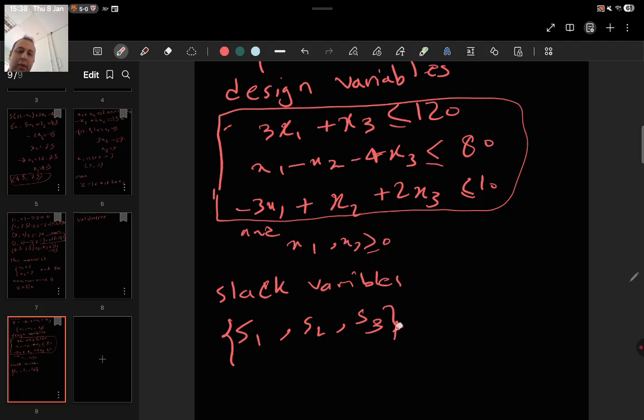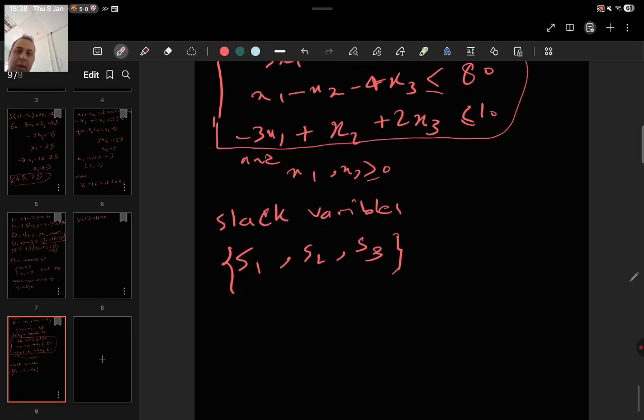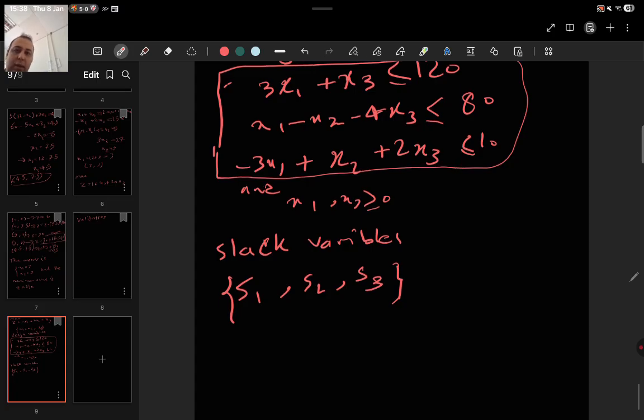This is the list of our slack variables. So how to change is like this. We write down the equation again, x3, I add s1 in here, then equal to 120. It's changed to equality.